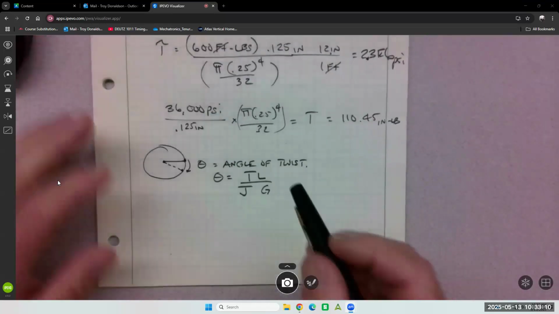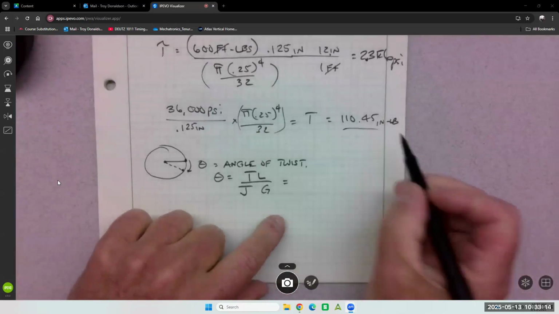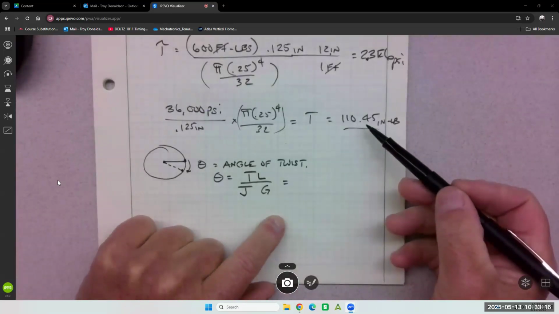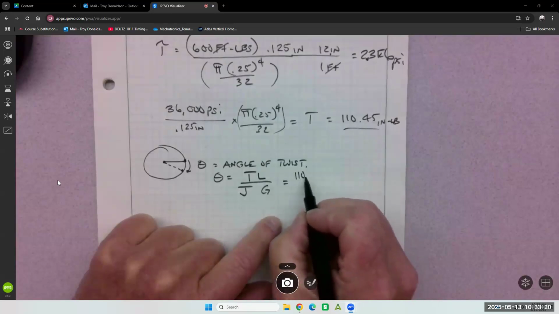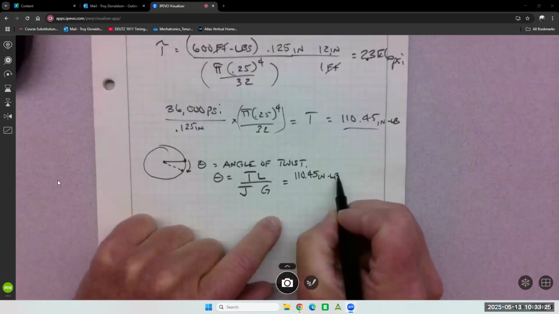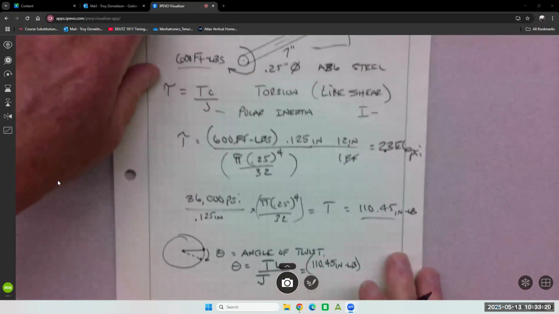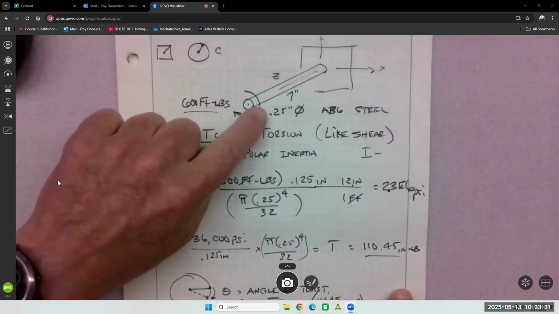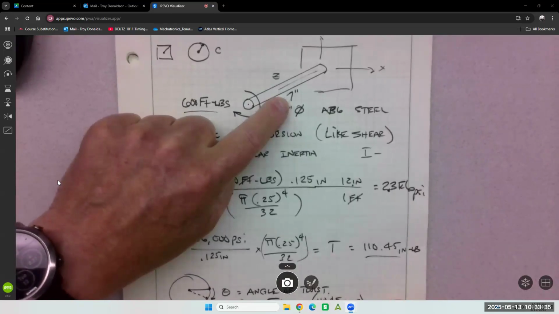So we should be able to calculate this. Our acceptable torque was 110.45 inch pounds. Our length, I did give in the problem, was 7 inches. 7-inch long thing.